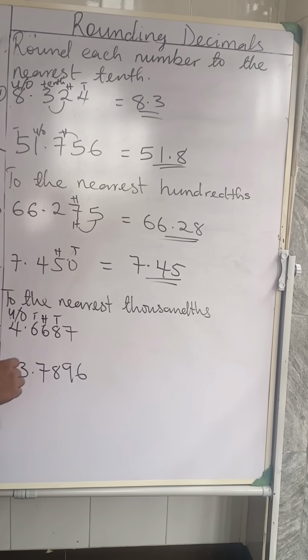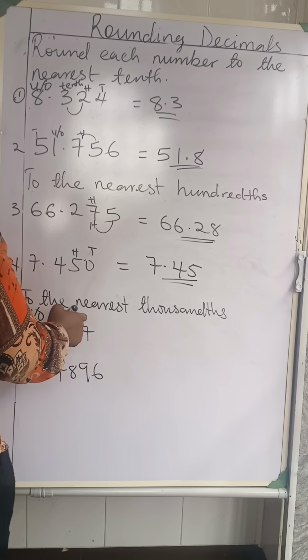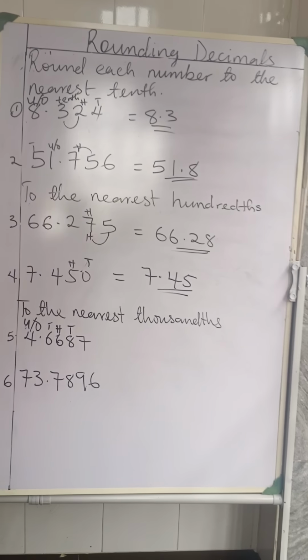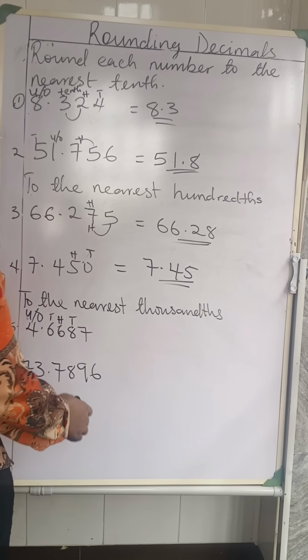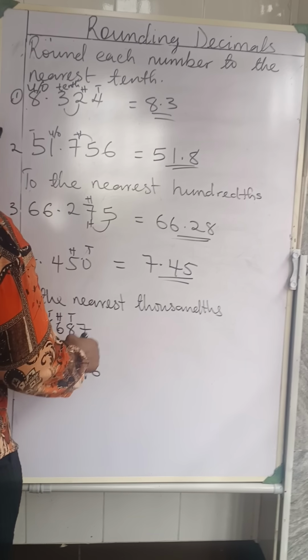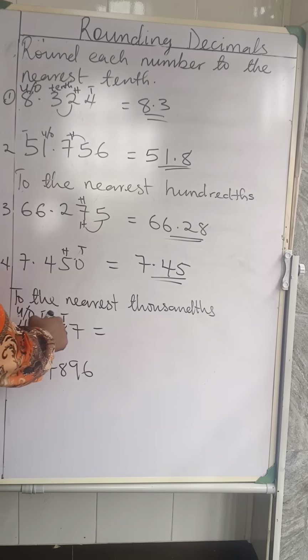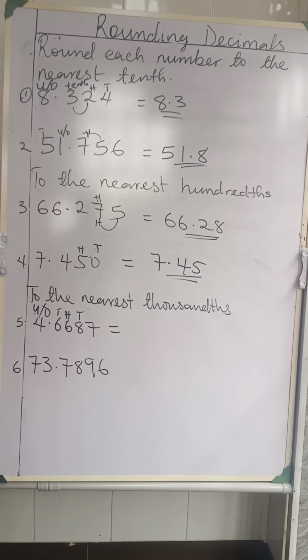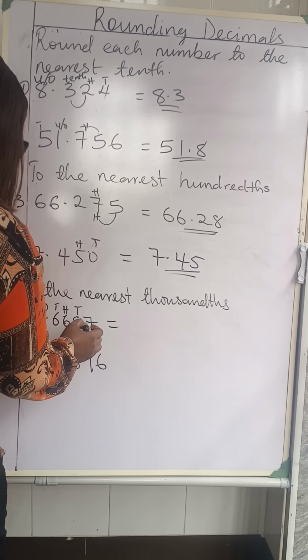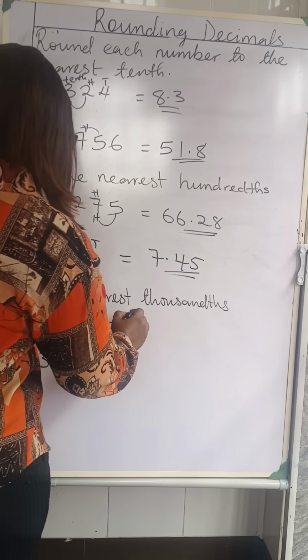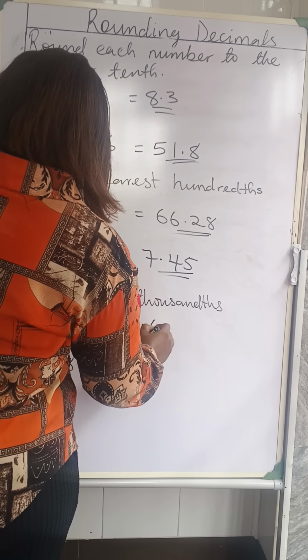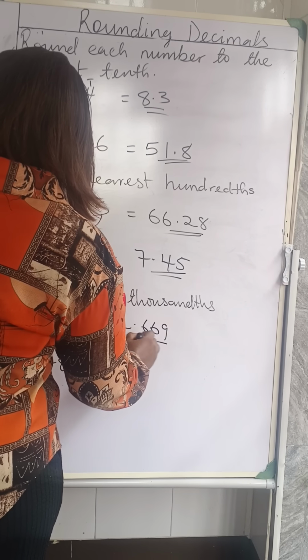This is ten-thousandth, close to the thousandth. Remember, they are all not up to a whole number, so we'll call it 6687. 7, is it going to have an effect on the 8? Yes. Why? Because it is more than 5. So we'll have our plus 1 as usual, and the answer will be 4.669.